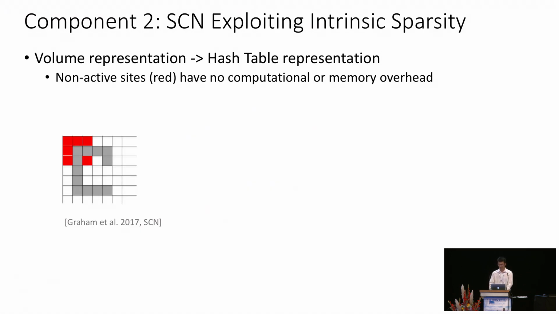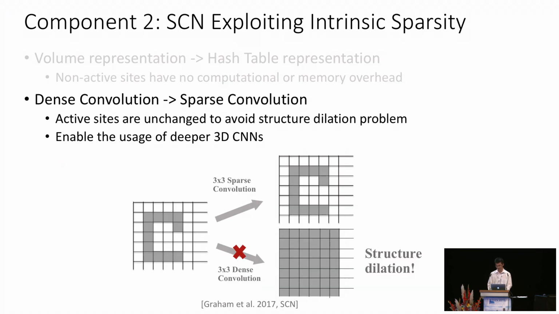Next, we use the previous sparse convolutional network to exploit the intrinsic sparsity of 3D data. SCN uses a hash table to store non-empty voxels in 3D features. Non-active sites, shown in red in the figure, have no computation overhead or memory overhead.